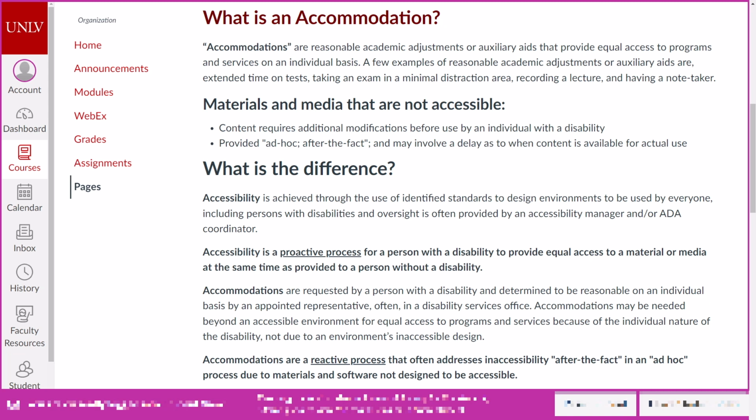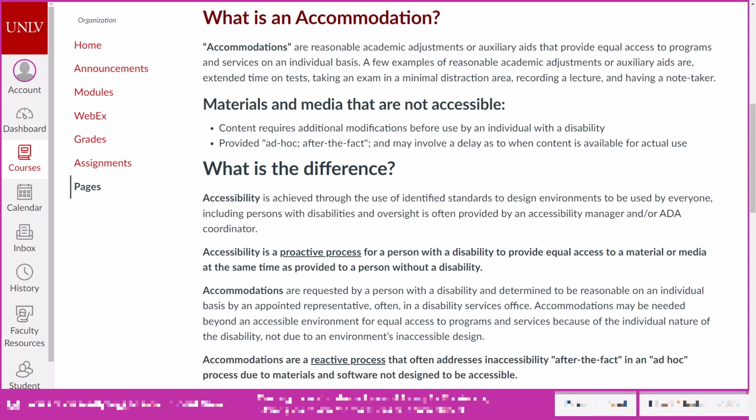Accommodations, in contrast, are requested by a person with a disability and determined to be reasonable on an individual basis by an appointed representative, often in a disability service office like the DRC, Disability Resource Center, here at UNLV.